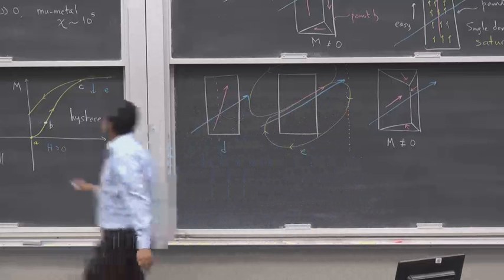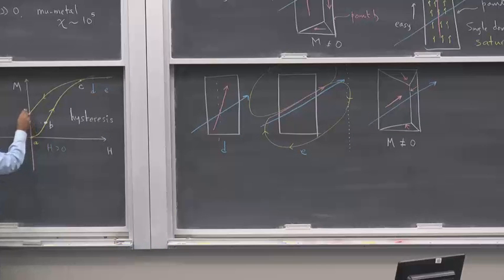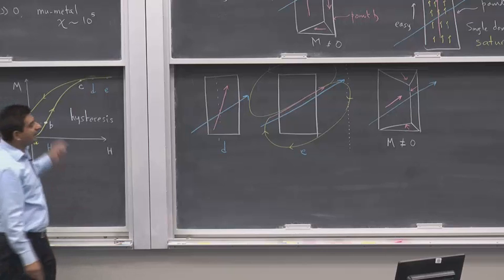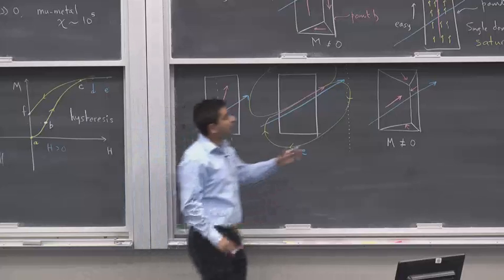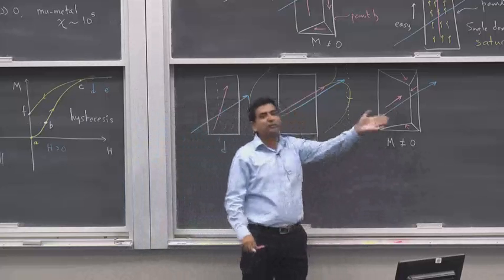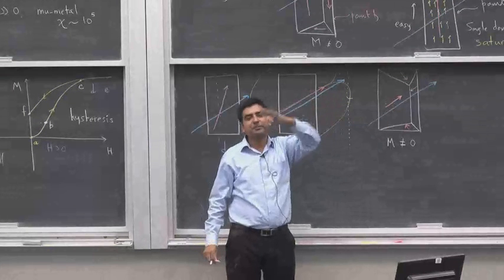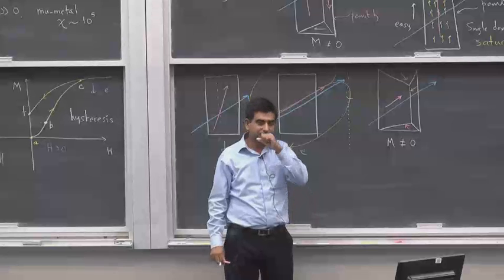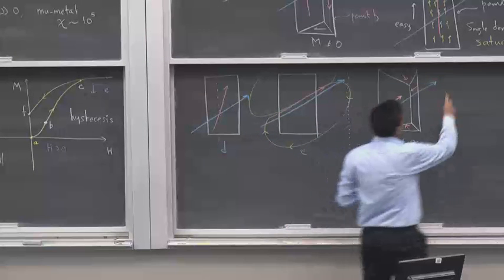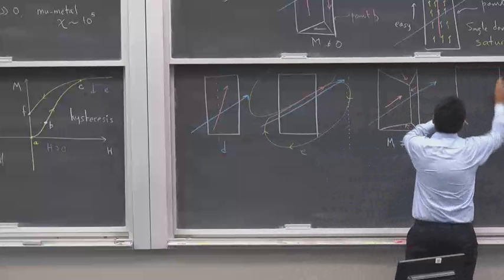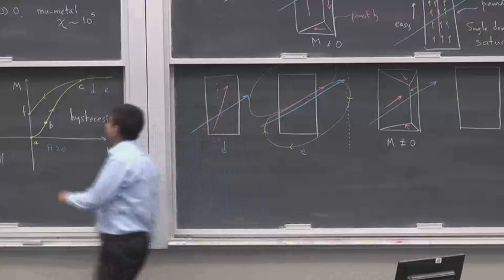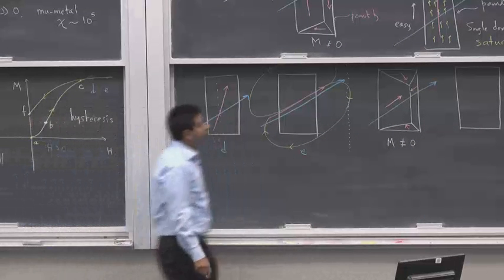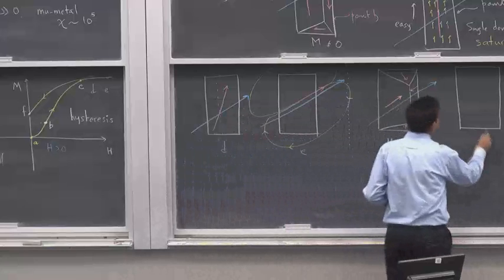So eventually you reach this point, say F. At this point there is still some net magnetization, and in the meantime, since the field is now much smaller, this magnetization can also snap back to its easy axis. So in the meantime, at some intermediate point F, you will have a structure like this.